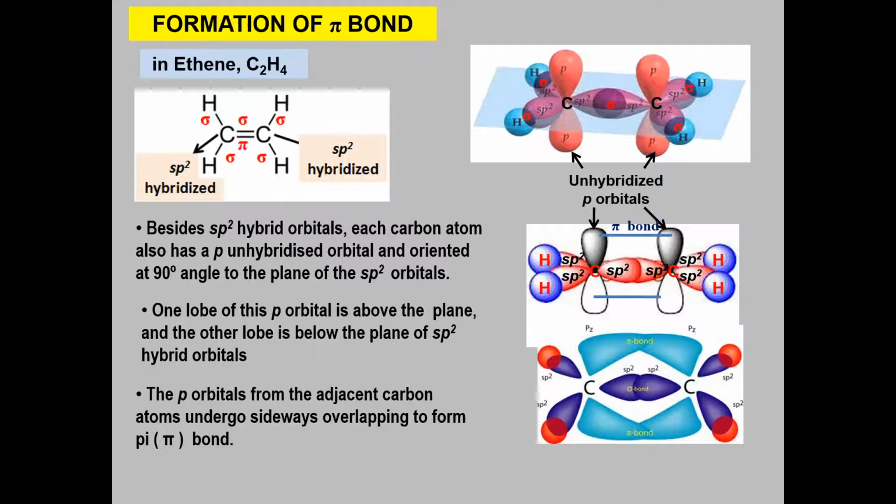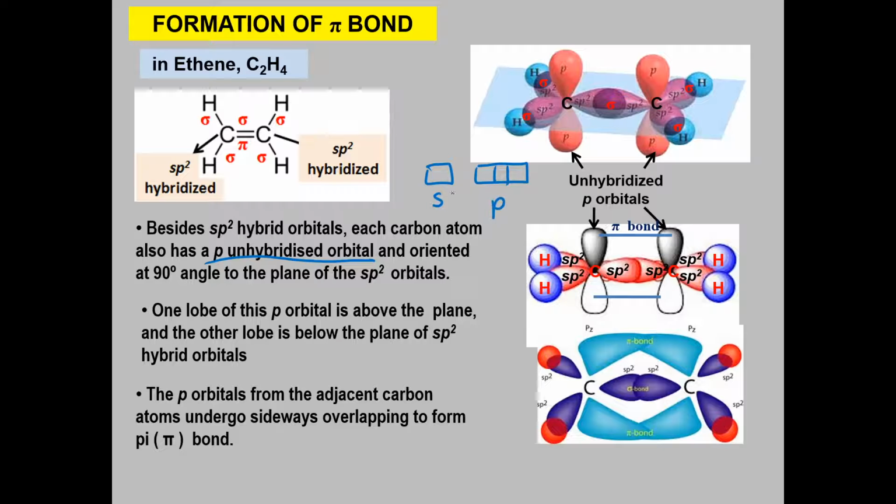So, dan contohnya untuk formation of pi bond. Okay, macam mana pula kita nak explain the formation of pi bond? So, besides sp2 hybrid orbitals, okay, we also have p unhybridized orbitals. Okay, maksudnya, contohlah sp2 kan. sp2 maksudnya dia ambil satu dari s and dua dari p kan.